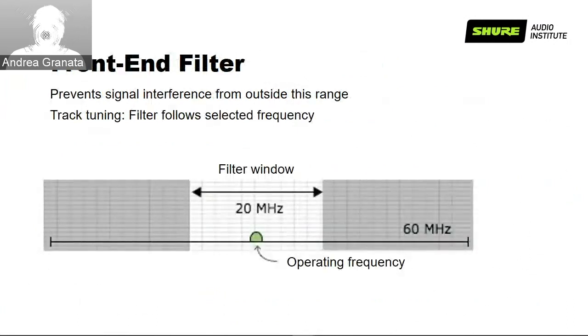A few words on the front-end filter that we have already been discussing a little in the past episode. This is the very first line of defense for our receiver against interferences. So we want our filter to be as selective as possible.